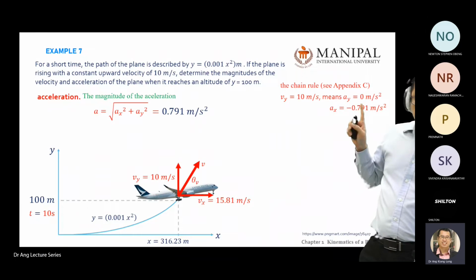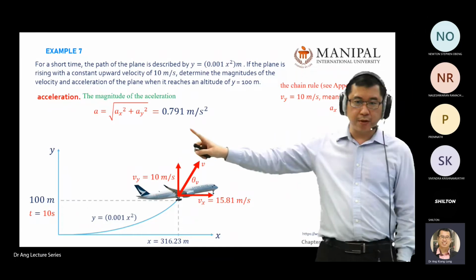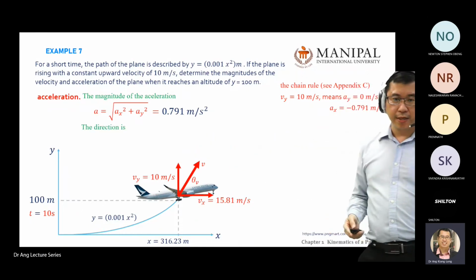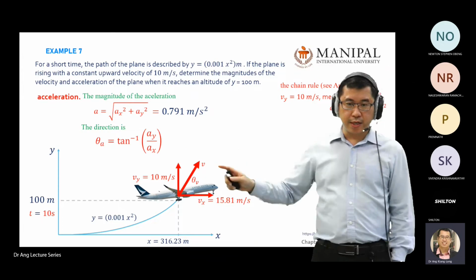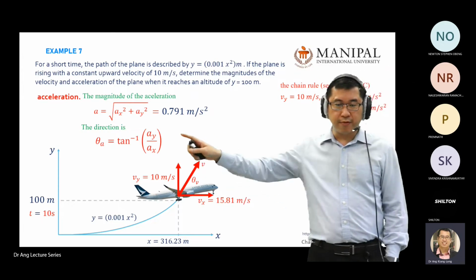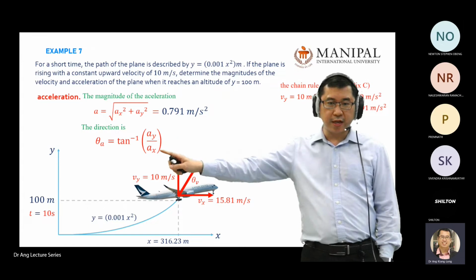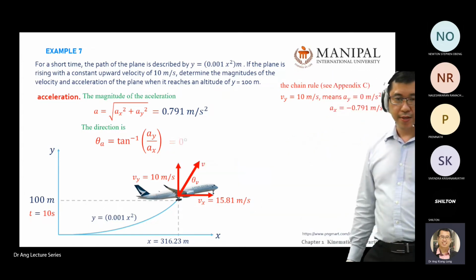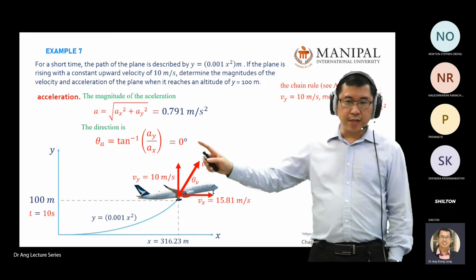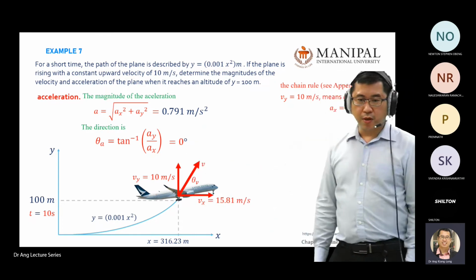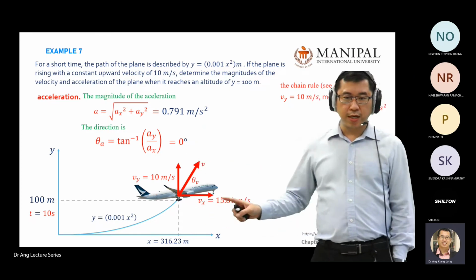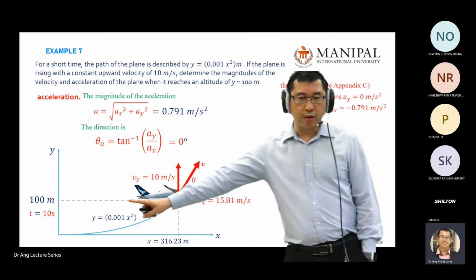You substitute all these values, you will get 0.791. Direction, again, if you plot the graph of acceleration, it's the tangent of your ay divided by ax. The answer is 0. What I mean by 0? It's going along the y-axis.